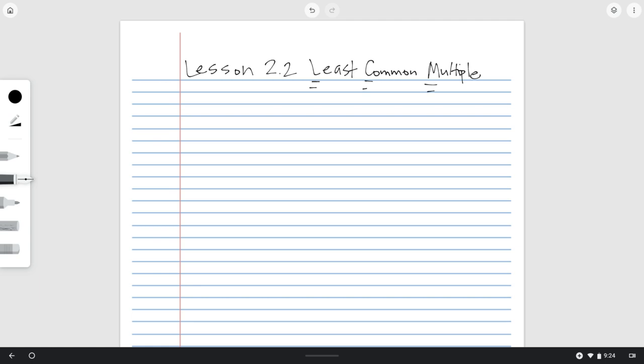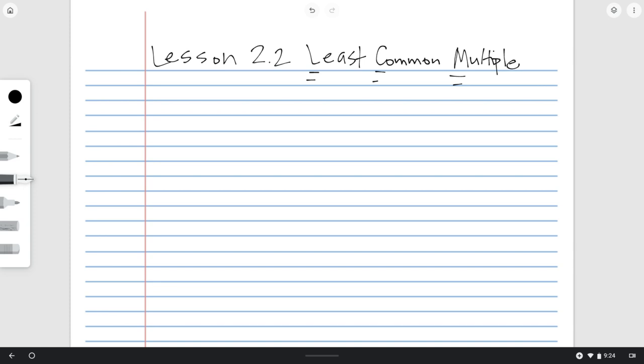Okay, so if we have a problem that says find the least common multiple of, let's pick two numbers. I'm going to do 4 and 8. The least common multiple of 4 and 8.